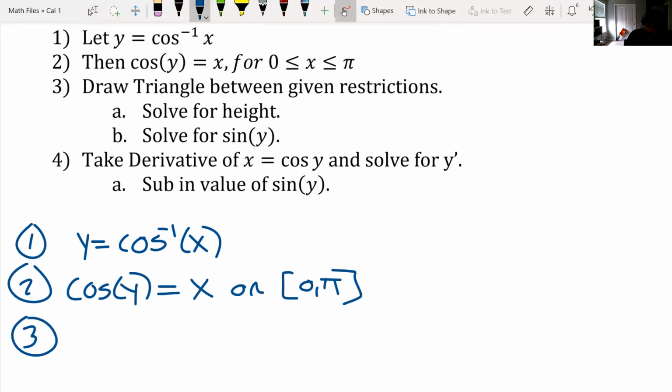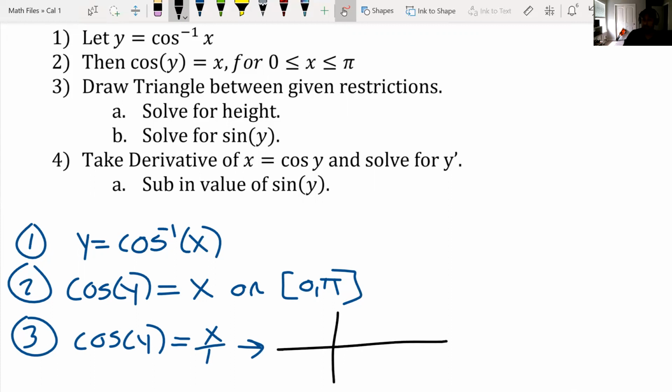Of course, I'm going to rewrite this as cosine y equals x over 1. Now, when I draw my triangle, if cosine is positive, then of course we must be in quadrant 1. Here's y. And cosine is adjacent over hypotenuse. So here's x, here's 1. And by Pythagorean theorem, the height is going to be the square root of 1 minus x squared.